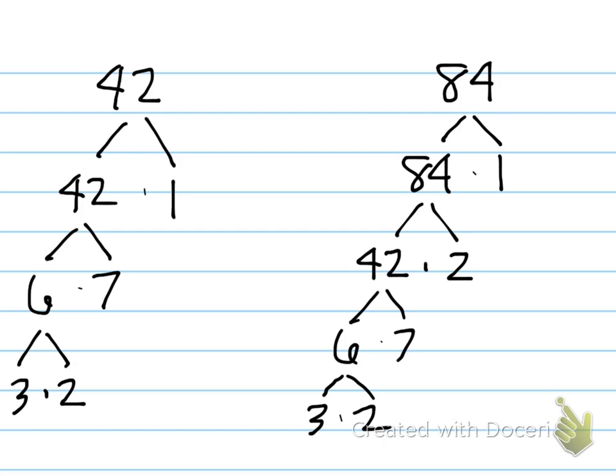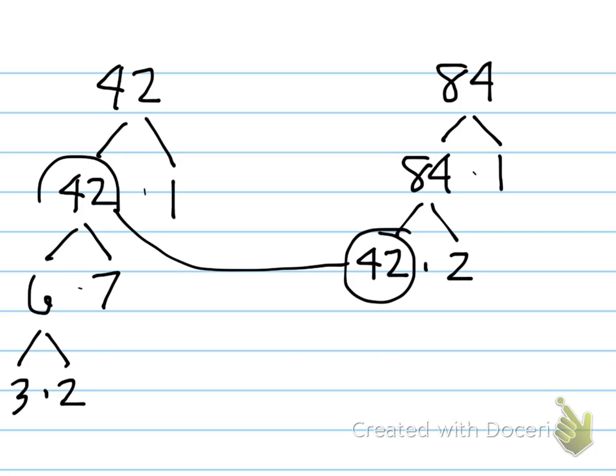Not really, because way back here, we already found our highest shared factor of 84 and 42. They both share 42 as a factor. Take a quick mental snapshot of this. We're going to go back to our page.